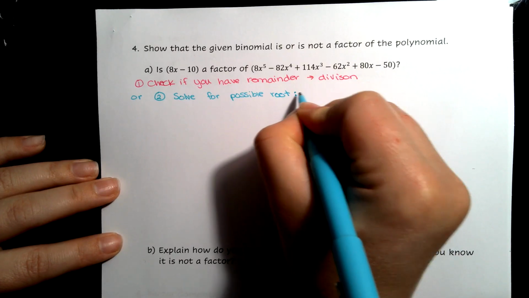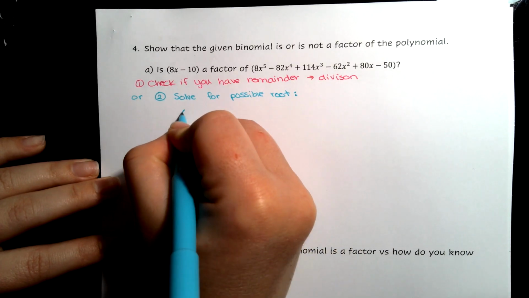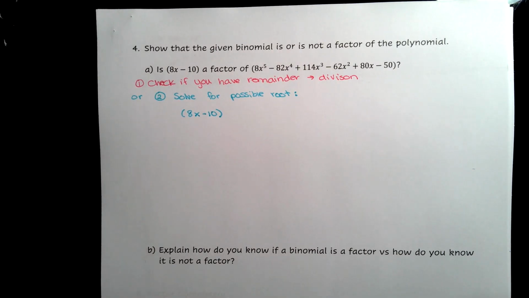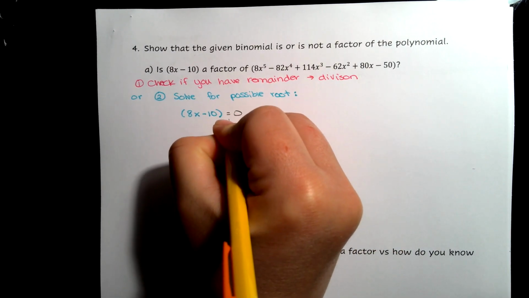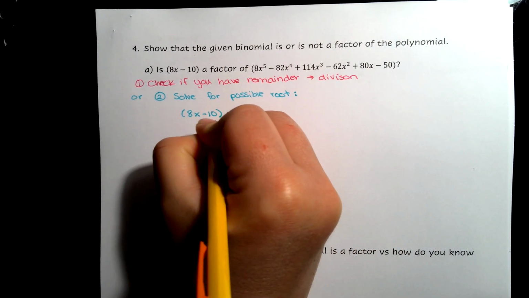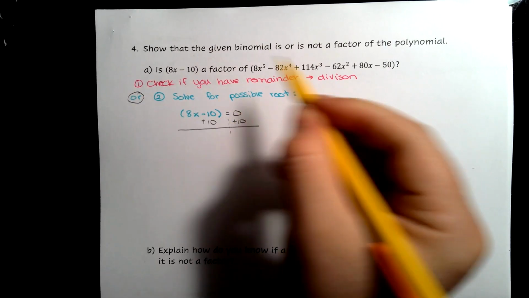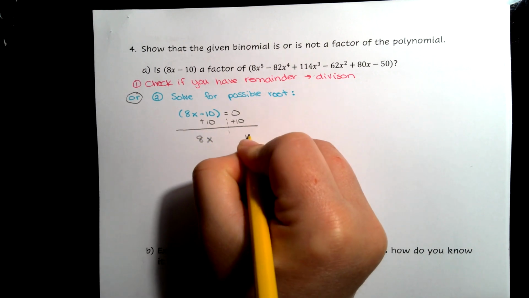And that root is going to come from the factor of 8x minus 10. So we have a binomial. The factor is 8x minus 10. And we're going to set it equal to 0. We're going to solve for x. Now this is an or situation, so don't do both. Choose one method and use that method.